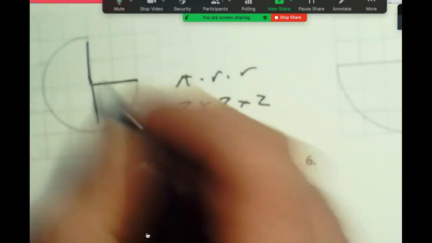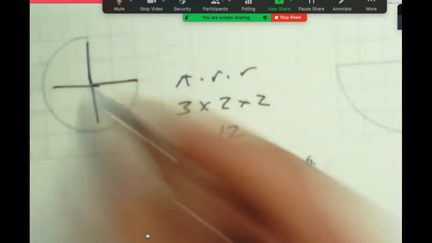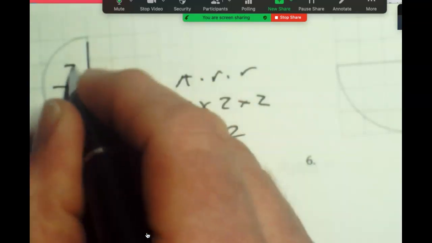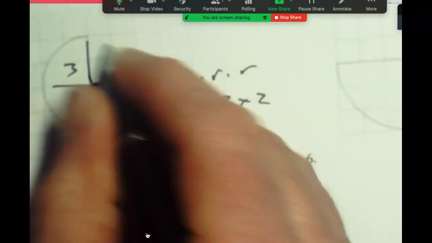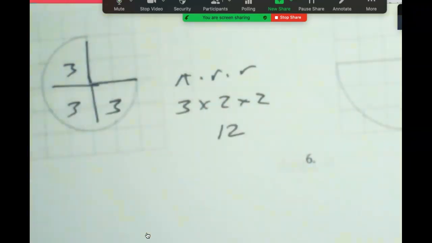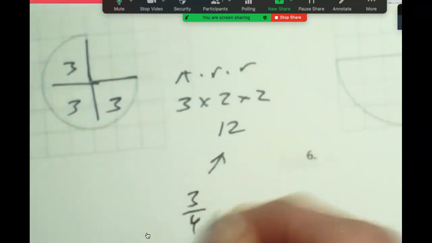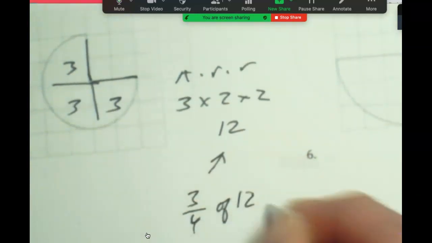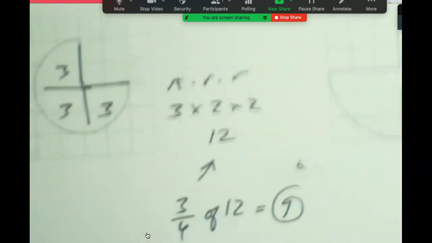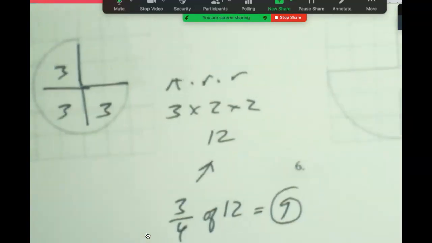So I could think about that circle as being 3 here, 3 here, 3 here, and then the 3 that are missing. So, I'm really thinking about 3/4 of 12, which is 9. So you can count, or you can use one of those other strategies as you work through that.